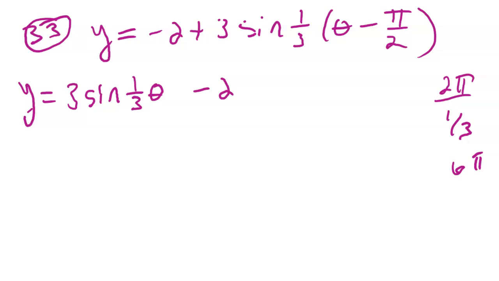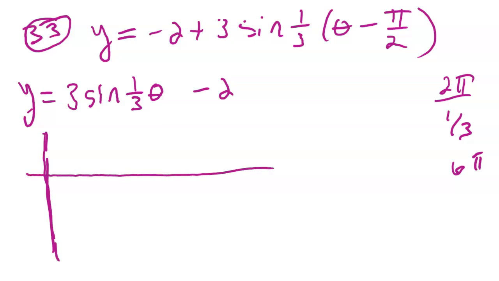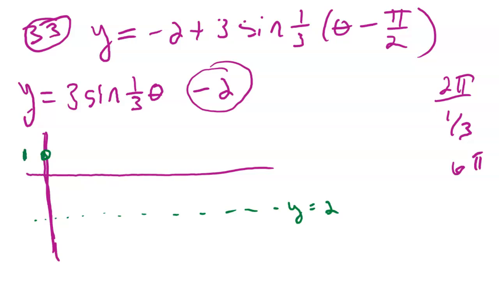Okay, so graphing that, I'm shifting the midline down 2. So 1, 2. Here's my midline, this is y equals -2. My amplitude is 3, so I would be up here at 1, and then down here at -5.